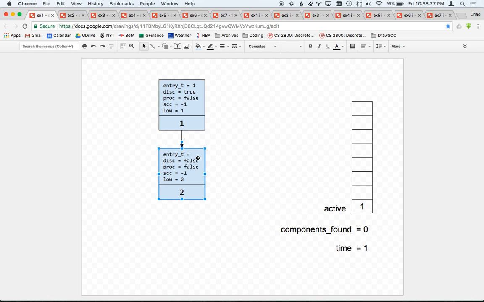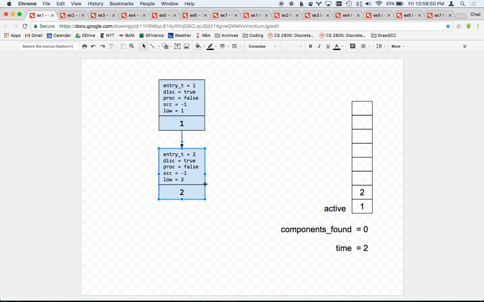And we see that 2 has not been discovered. Discovered is false, which means we are going to discover vertex 2 and conduct a depth first search on it. So we discover vertex 2 at time 2. We mark discovered equal to true, and we push vertex 2 onto the active stack.